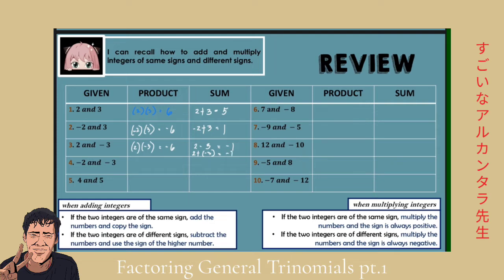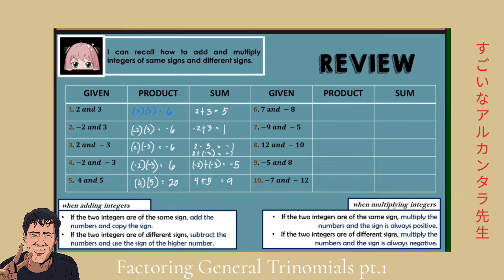Same concept. Now, what if we have both negative? Again, if the signs are the same and you multiply them, the answer should always be positive. And if you add these two numbers, basically add the numbers and copy the sign, so it's negative 5. Next, you have 4 times 5, that is equal to positive 20. 4 plus 5 is equal to positive 9.